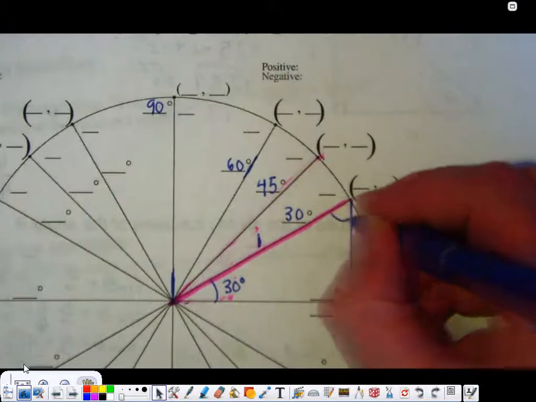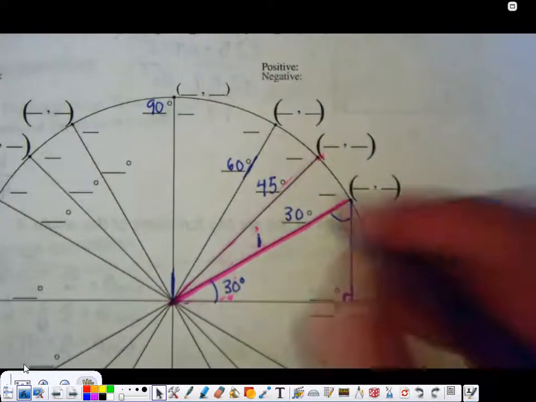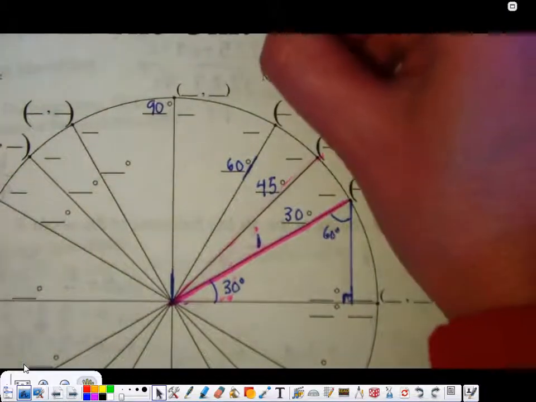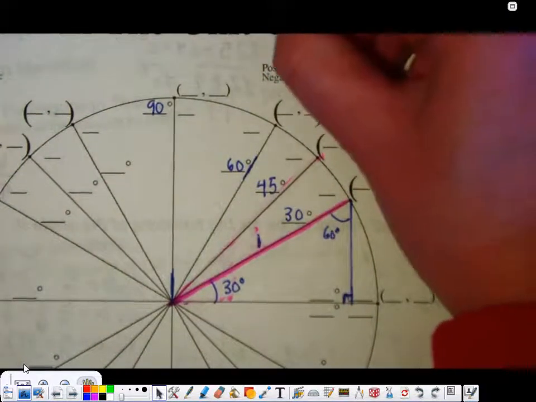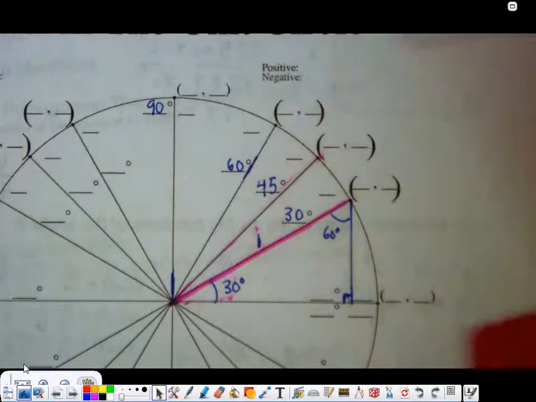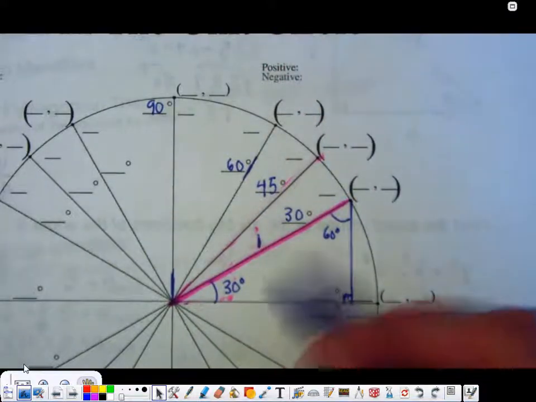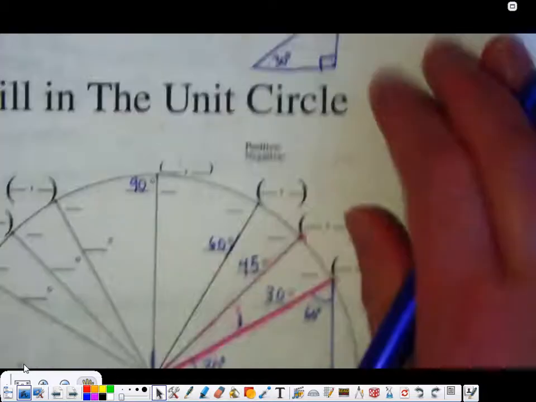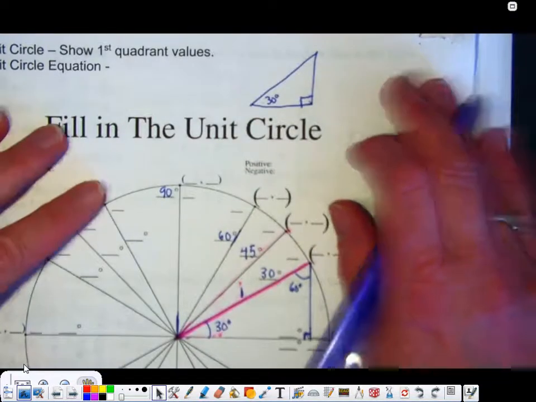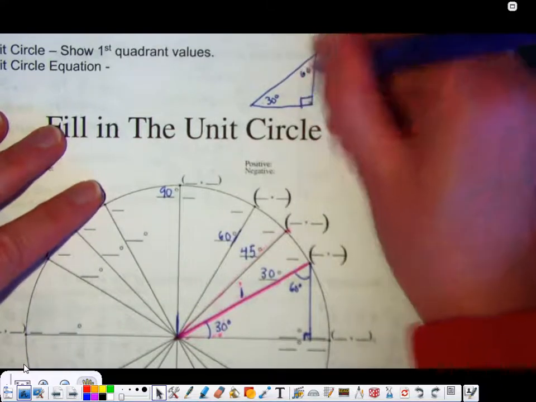And then what would this be up here? 60 degrees. So I'm going to draw a little 30, 60, 90 because we just learned the ratios of that. So this would be 30 at the bottom because I'm going to draw it so it kind of matches the way this is. So 30 and then 60 and 90.